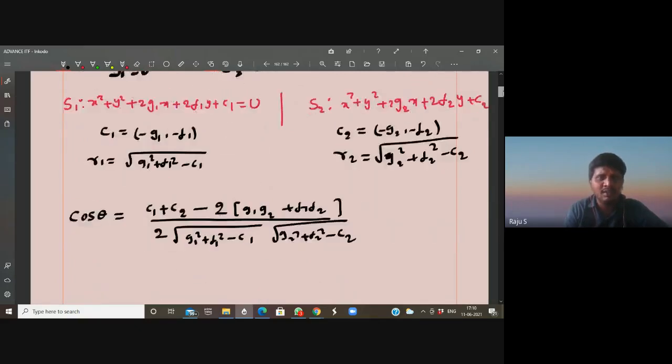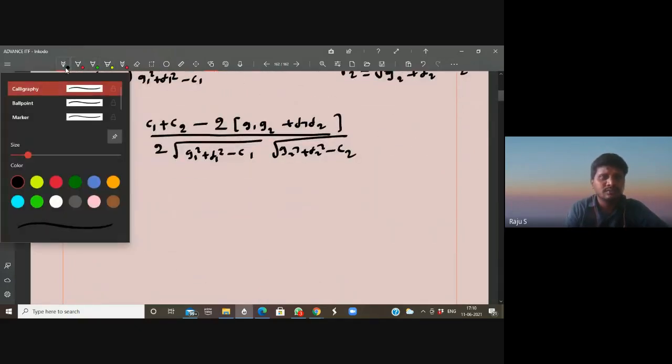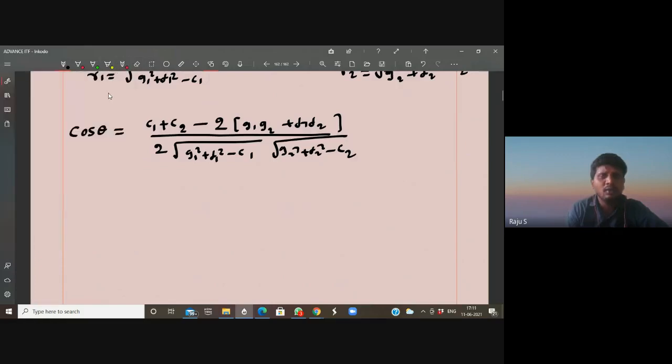Last time I wrote the angle between two circles; I don't know how many of you remember the cos theta formula.